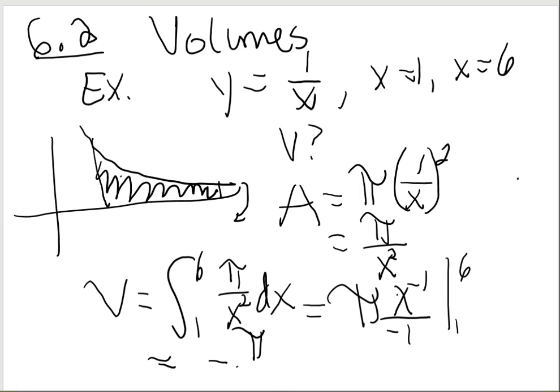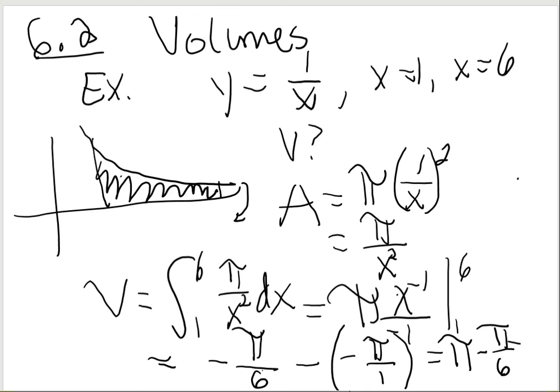That gives negative pi over 6 minus negative pi over 1, or pi minus pi over 6, or 5 pi over 6. So the volume of revolving that shape is going to be 5 pi over 6. And then we're done.